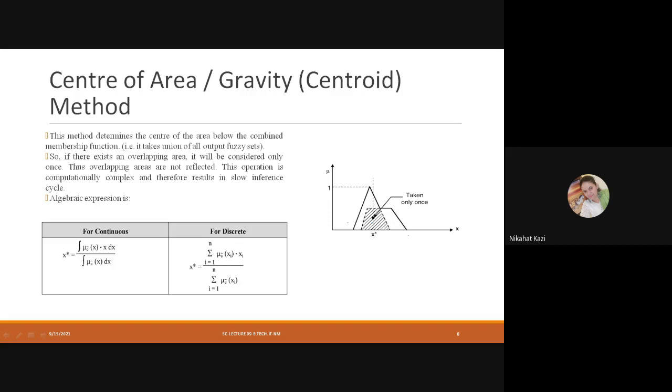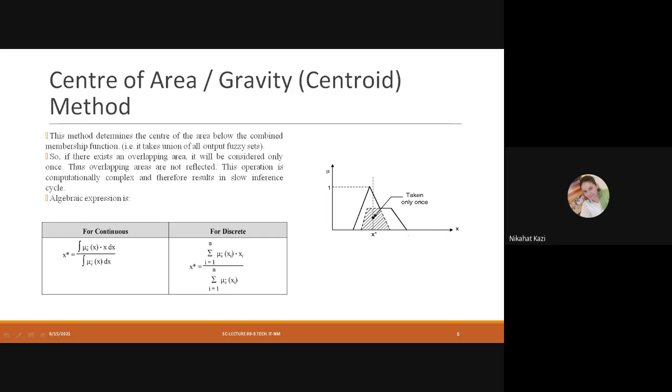You will multiply this with the membership value, so you will have to integrate it over the region and then find it. When we solve the problem, it will be more clear. Basically you have to consider the entire area and find the centroid of that area. This is the formula for it. We will come back to it when we revisit the problem.